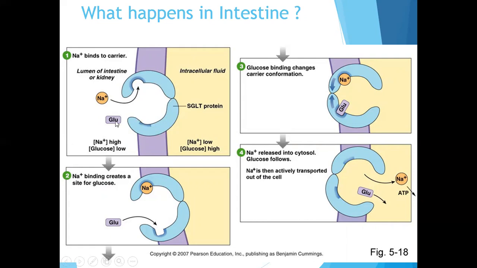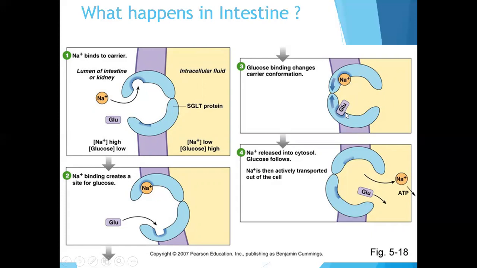So how are sodium ions transported into the cell? Sodium ion will bind to the carrier, okay, and then glucose will also bind to the carrier. Once both of them bind together, this carrier will change shape so that both sodium and glucose will be co-transported into the epithelial cell.